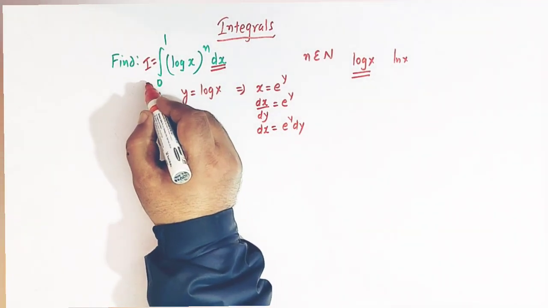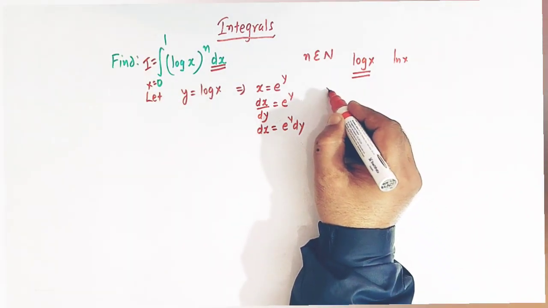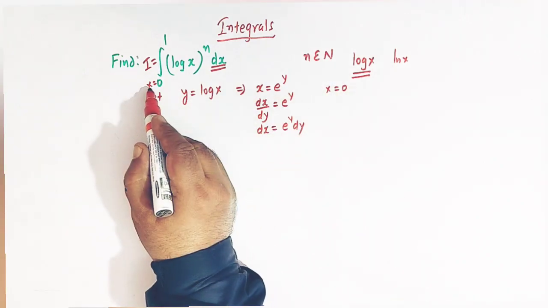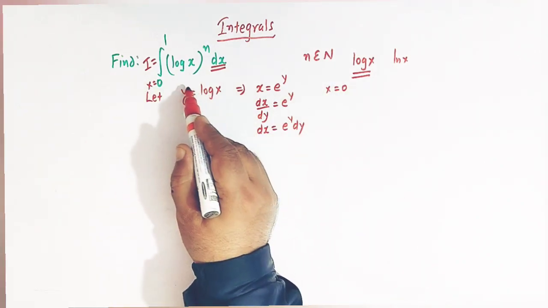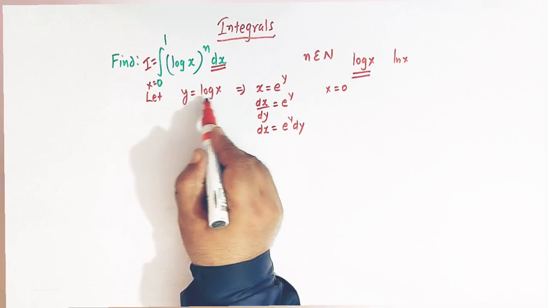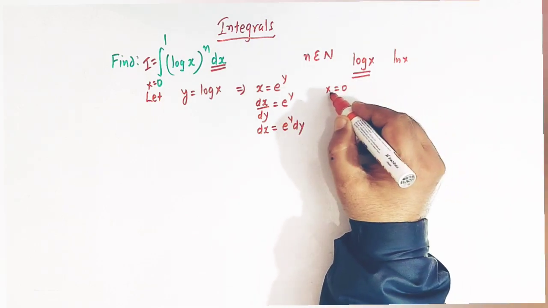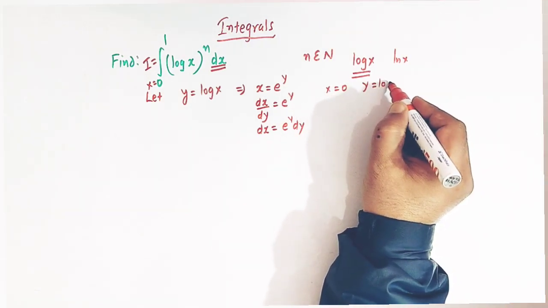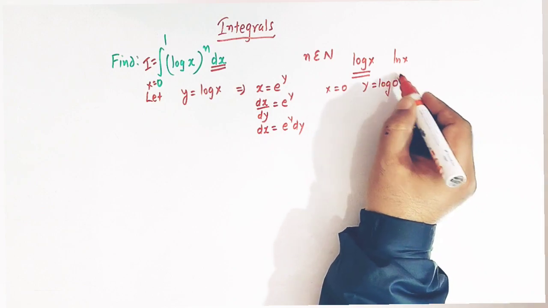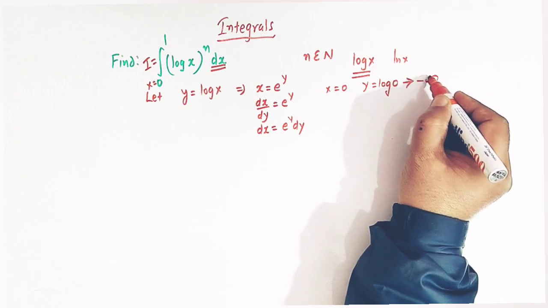Now the limits vary from 0 to 1. When the lower limit is x equal to 0, the value of y is obtained by taking x equal to 0 in this relation. So y is equal to log of 0, and log of 0 tends to minus infinity.